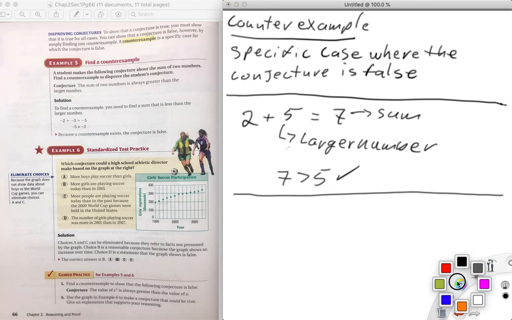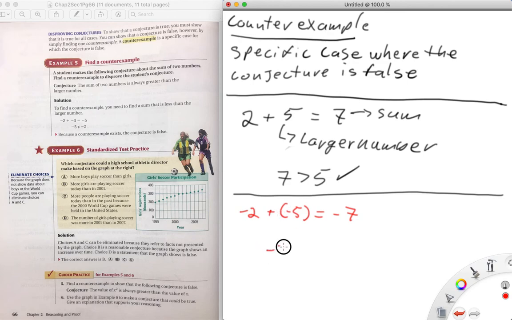And that scenario is when the numbers are negative. So if we have negative 2 plus negative 5, we get negative 7. Well, which one's the larger number? The larger number here is negative 2. And the sum should be larger than the negative number, so we have negative 7, and then here's negative 2.